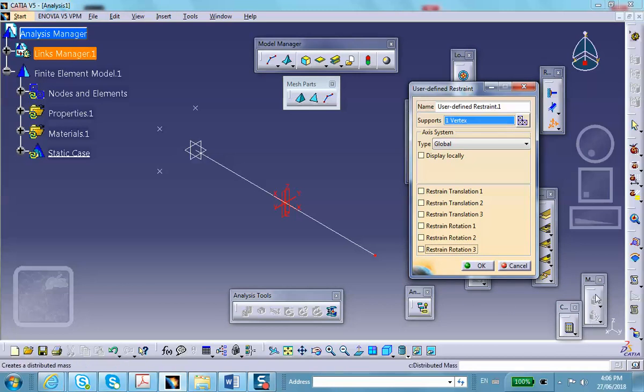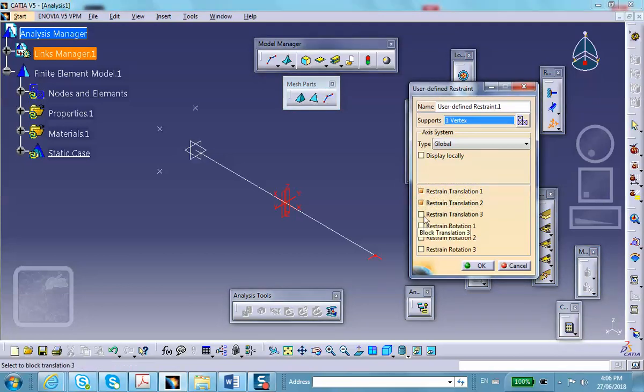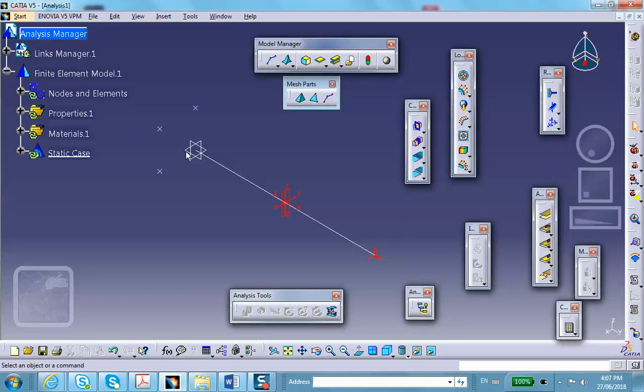That means if you look at your coordinate system down here, or the compass, it does not move in the direction X, Y, Z, and it does not rotate about directions Z and Y, which are directions 2 and 3. It can rotate about X, and that's precisely what we mean by simple support.